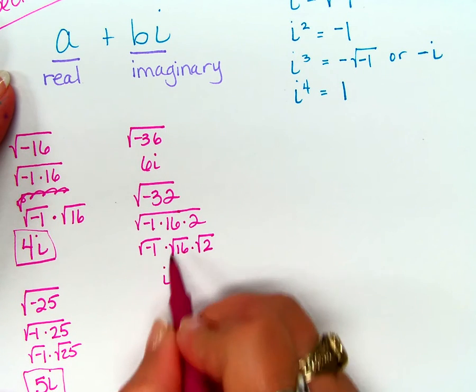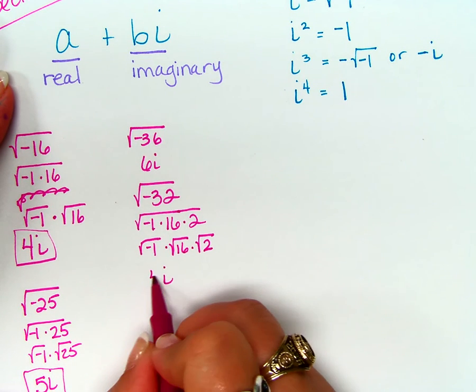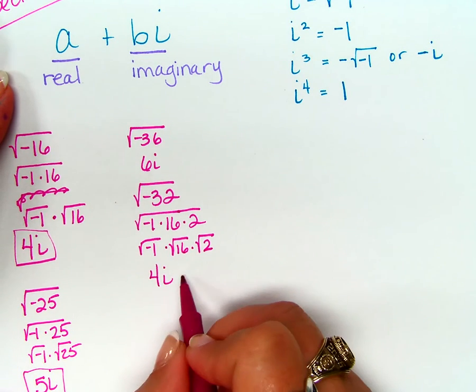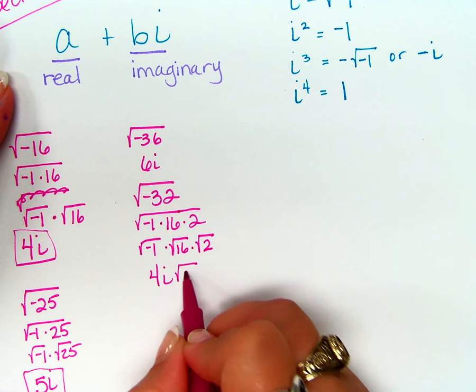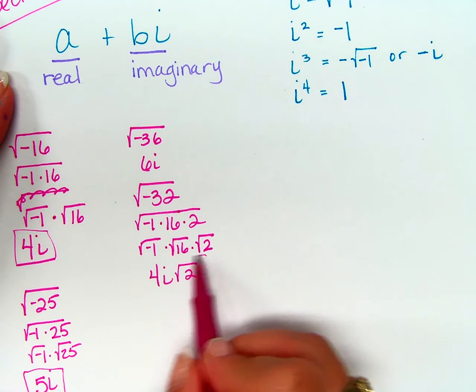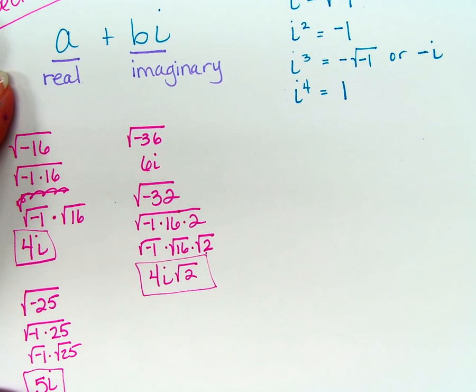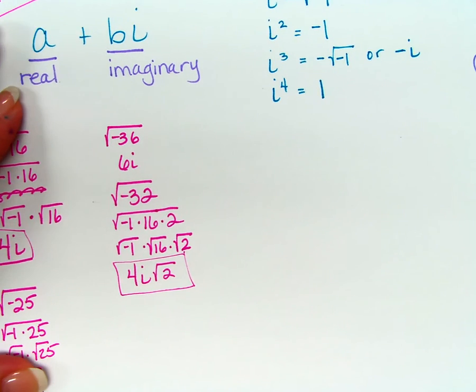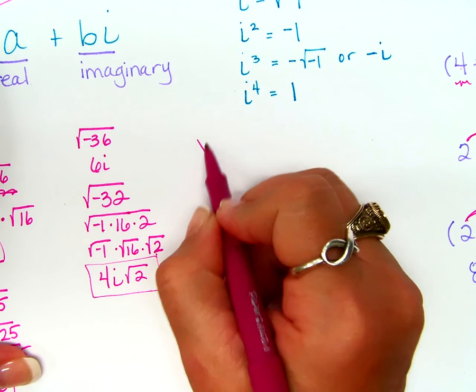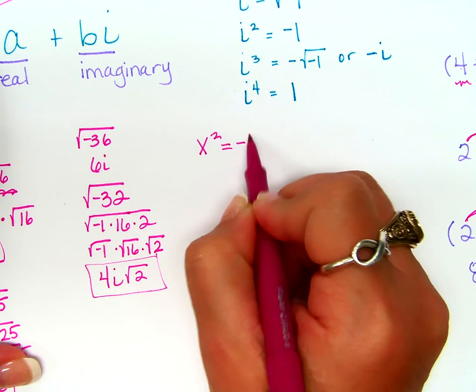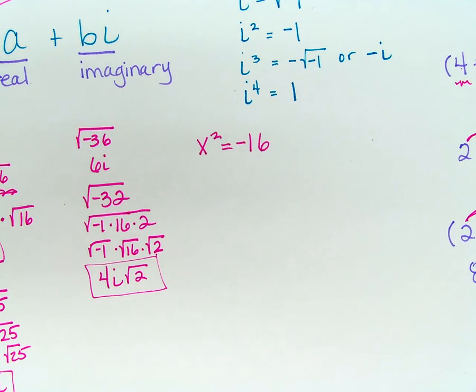Do you know the square root of 16? 4. Do you know the square root of 2? I don't either. You okay with that? So the difference comes when you're asked to solve a problem like this. How do you go about solving this problem?